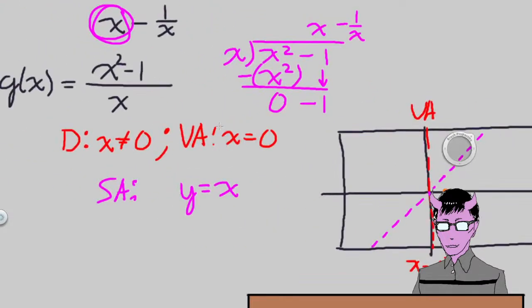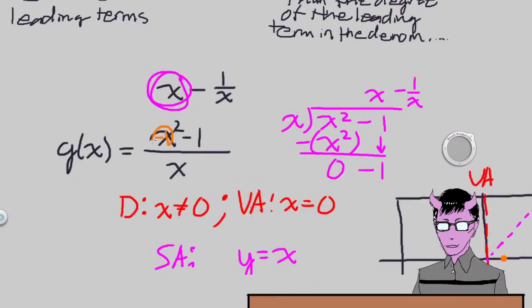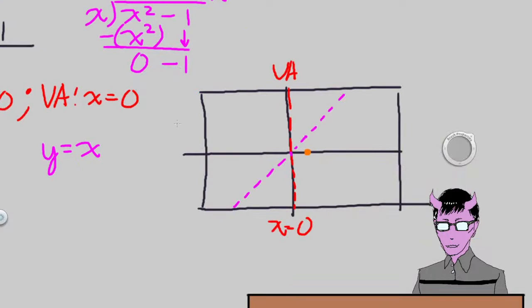Then again, plug in 1 space away from the vertical asymptote in the other direction, so negative 1. If you plug in negative 1 squared, it's positive 1. Positive 1 minus 1 is 0. 0 over negative 1 is still 0. So we're here. Which doesn't exactly help us very much, right? Because we only have 1 point.